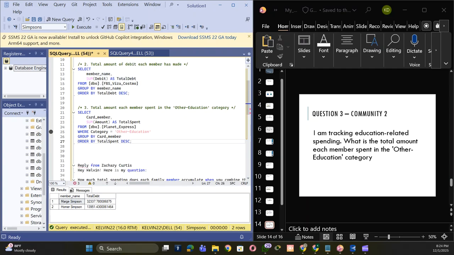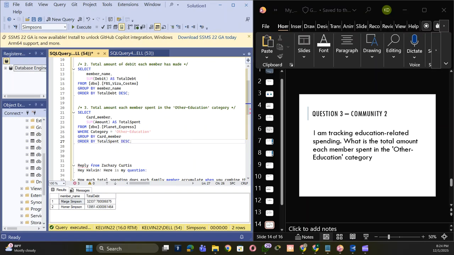With this query, we are going to look only at the purchase records where the category is other education. Then for each card holder, we add up the total amount they spent in that category. The grouping by card member lets us calculate a total per person.